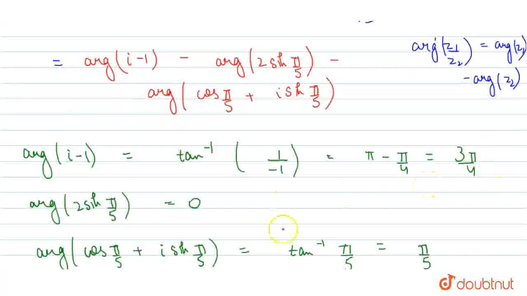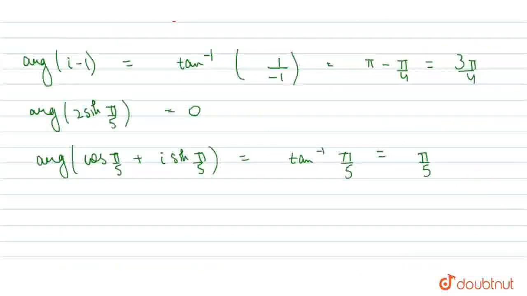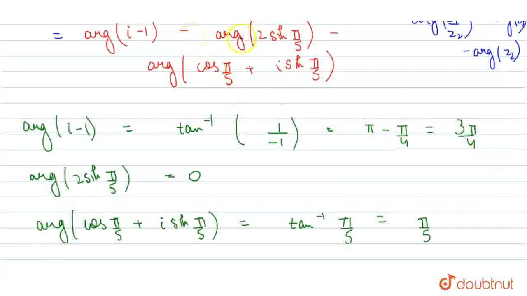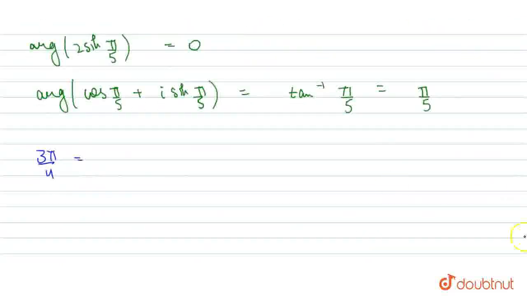So we put these three values in that equation. Argument of iota minus 1 is 3 pi by 4, minus the argument of 2 sin pi by 5 which is 0, minus pi by 5, is equal to the argument of z.